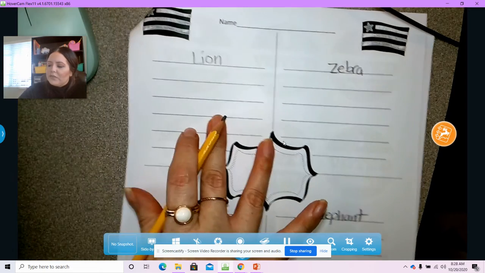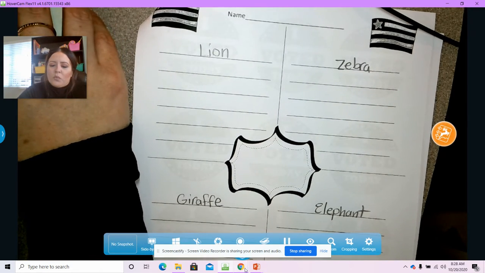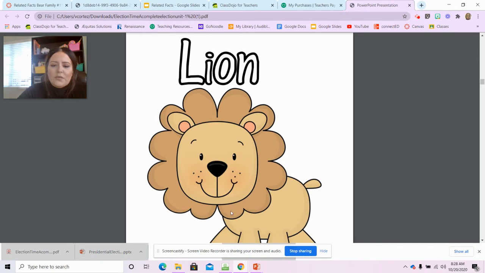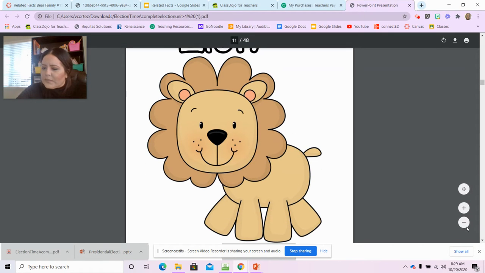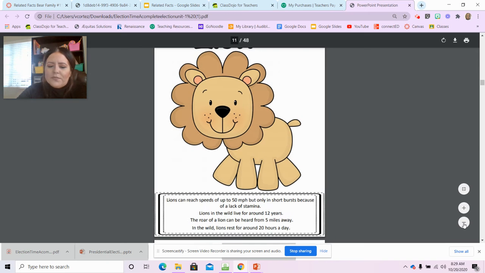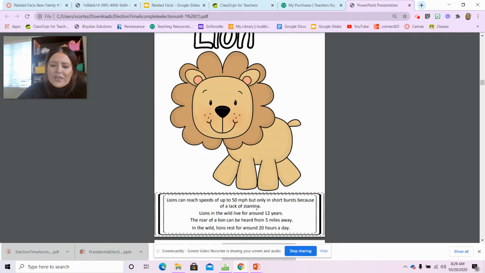So let's read a little bit about the lion and see what facts we know about the lion. Let's make this smaller. It says, lions can reach speeds of up to 50 miles per hour, but only in short bursts because of a lack of stamina. So that means they can run really fast, 50 miles per hour.